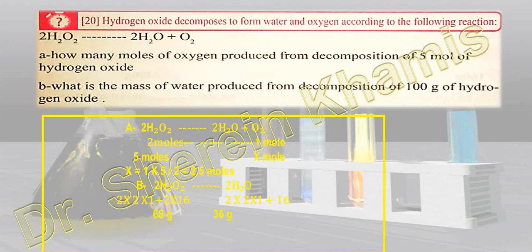So it will be 68 gram here, and here we have 36 gram. We put the 100 gram of hydrogen peroxide, and we want to get X gram of water. We will make cross multiplication here: 36 times 100 divided by 68, so the mass of water produced will be 52.94 gram of water.